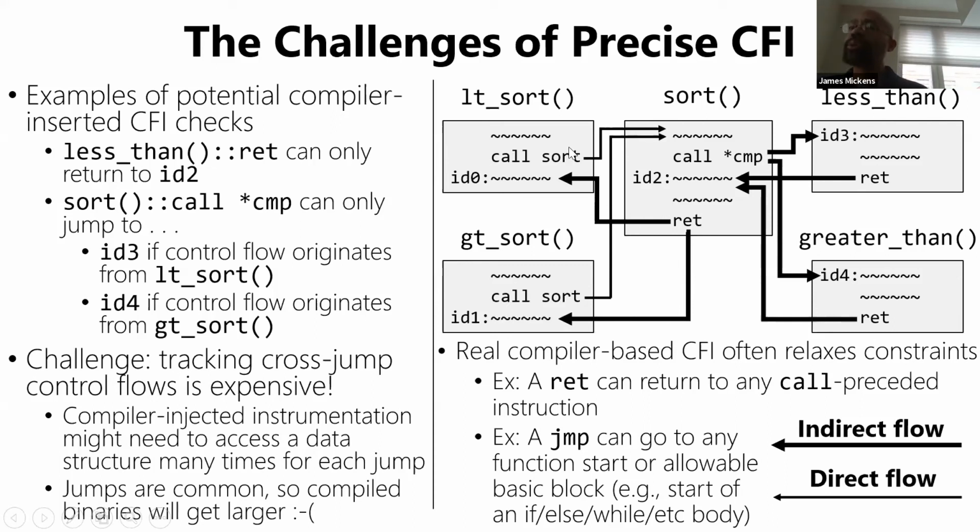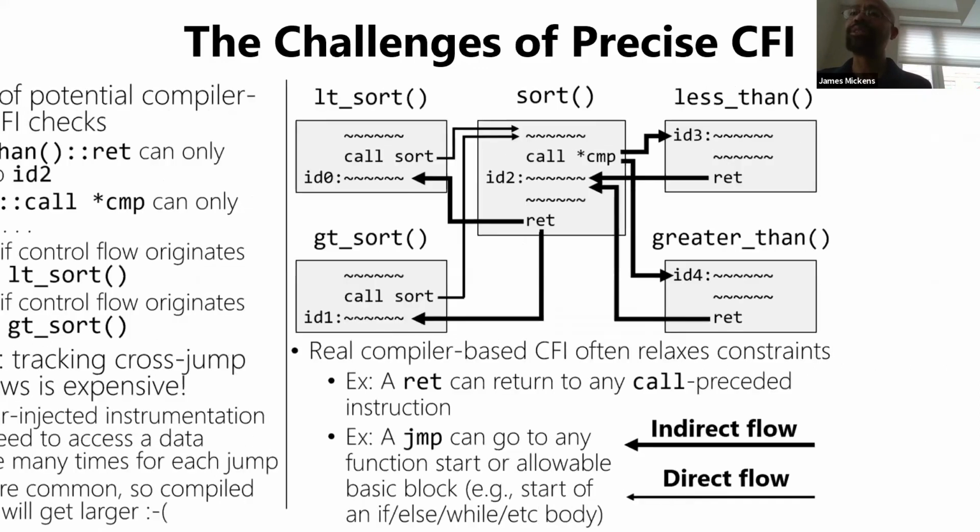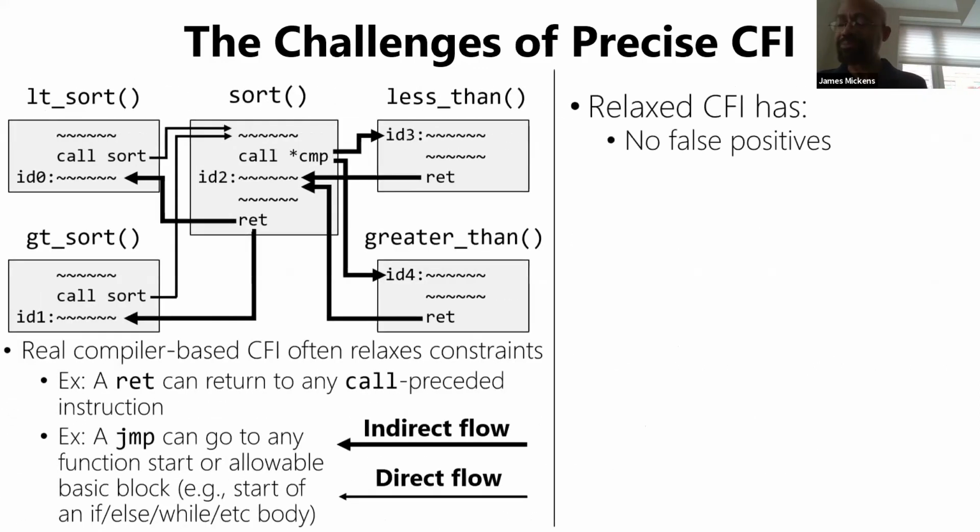So in practice, we have these relaxed constraints because we care about the performance of things. But this does allow for invalid control flows. And there's this natural question of, does this mean that relaxed CFI is actually useful? Why do people use relaxed CFI?